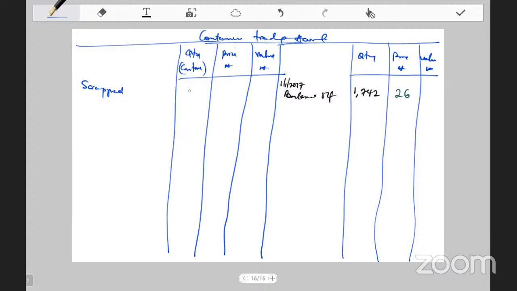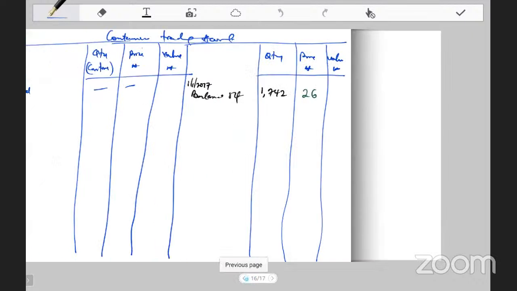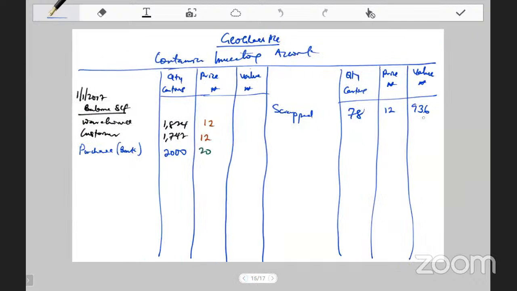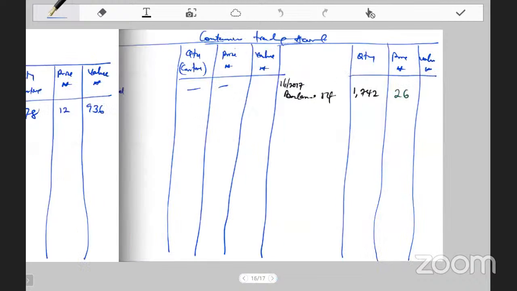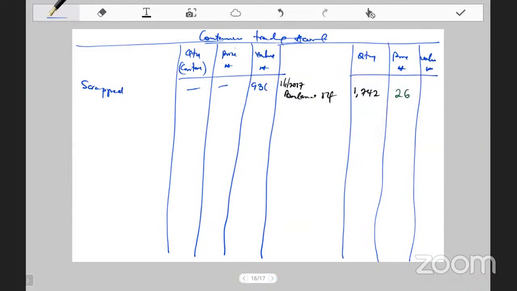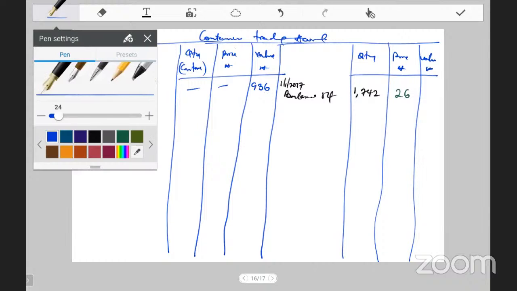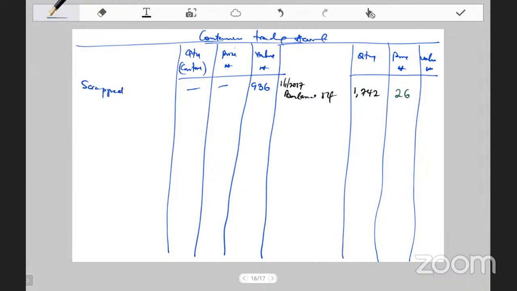How much is the value of the container that has been scrapped? 936. But I realized some amount of money, because the containers valued at 936 were sold for 5 naira each. So I have to look for my sales proceeds. And don't forget that is going to my bank.